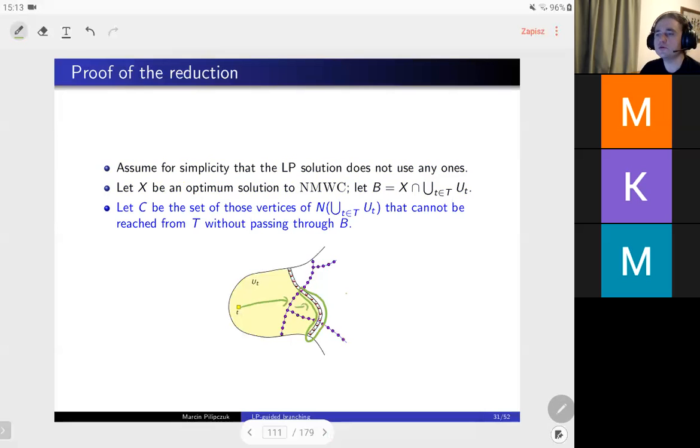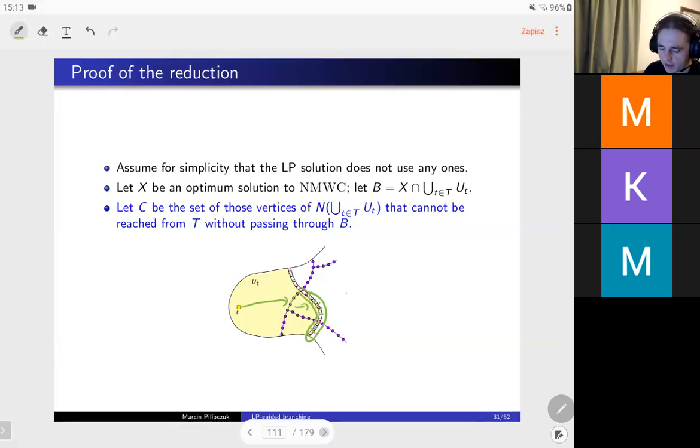These are the guys that are in the half integral solution. There's some weight put on them in this half integral solution. But the integral solution X I'm looking at separates them from the corresponding terminal. These are the guys that are cut away from the corresponding terminal by the solution, so that you cannot go within the zero region without going into the solution.